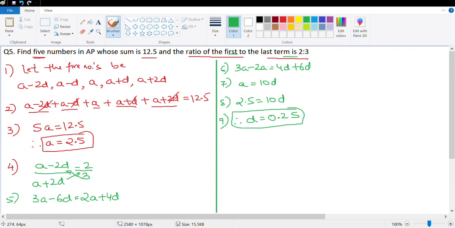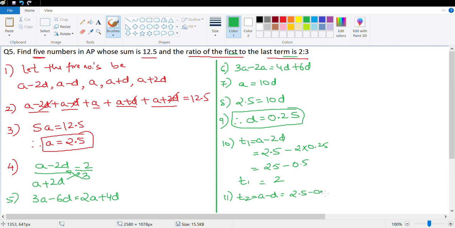So the 5 numbers are T1 is equal to a minus 2d. In this case, 2.5 minus 2 times 0.25. That's 2.5 minus 0.5, and this is equal to 2. So the first term is 2. Next, T2 is equal to a minus d, which is 2.5 minus 0.25, that's 2.25. Next, the third term is a, which is 2.5.